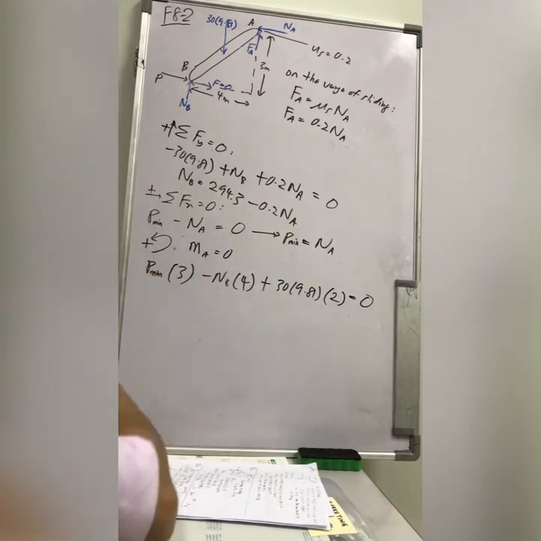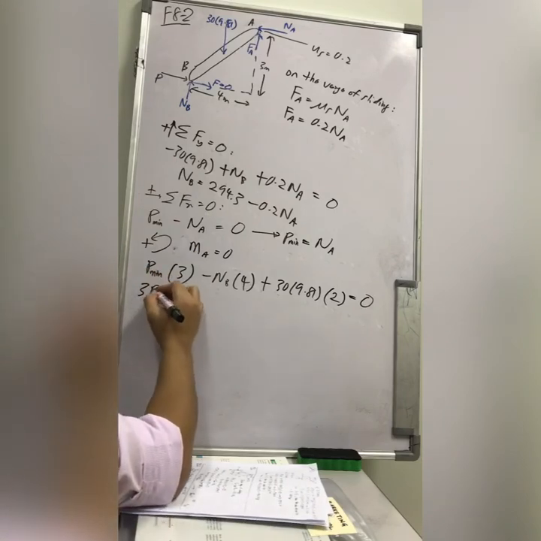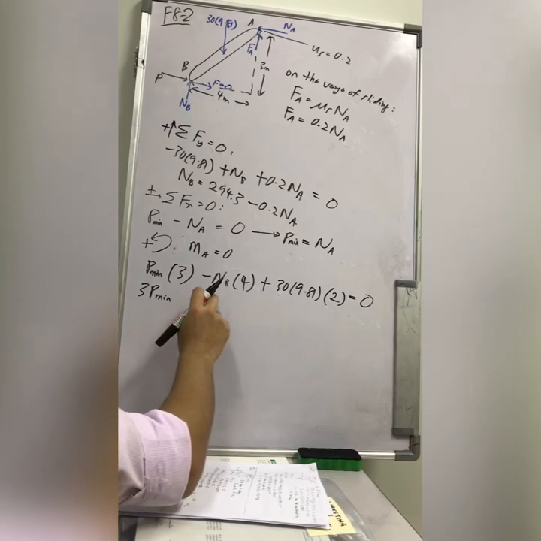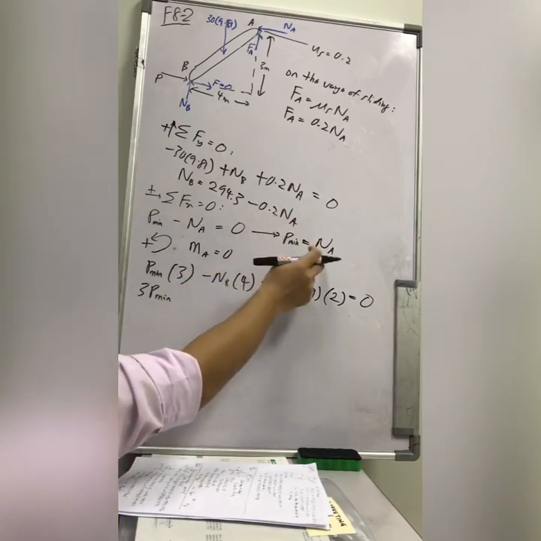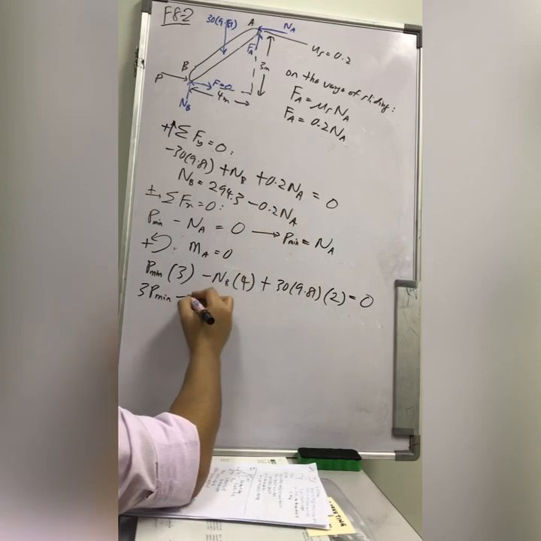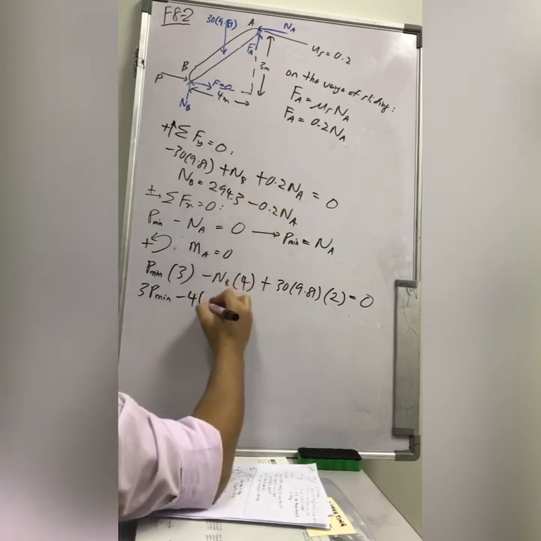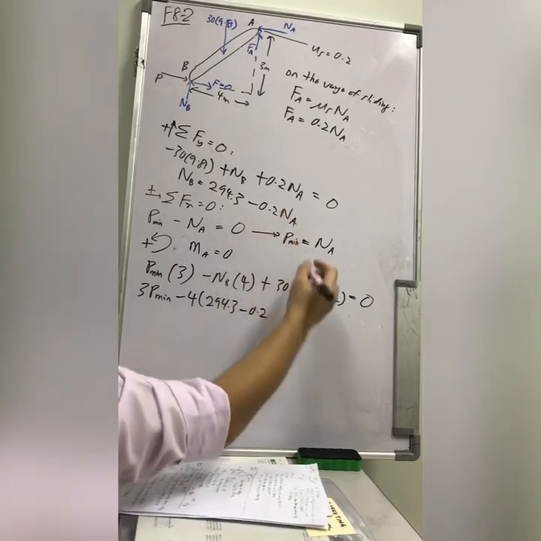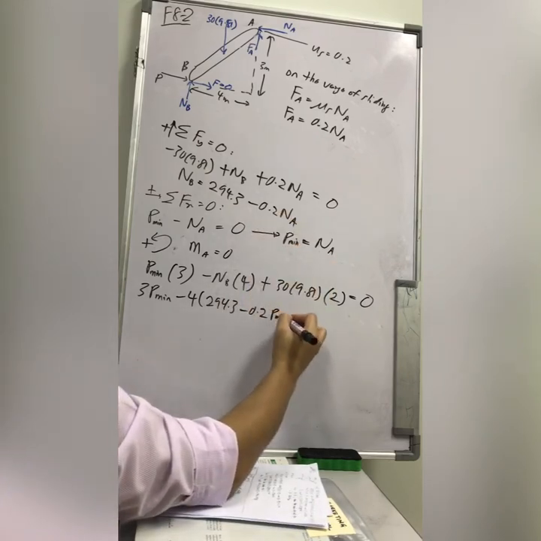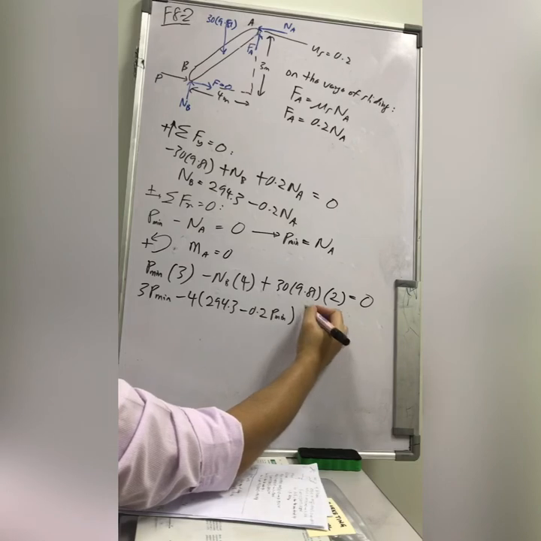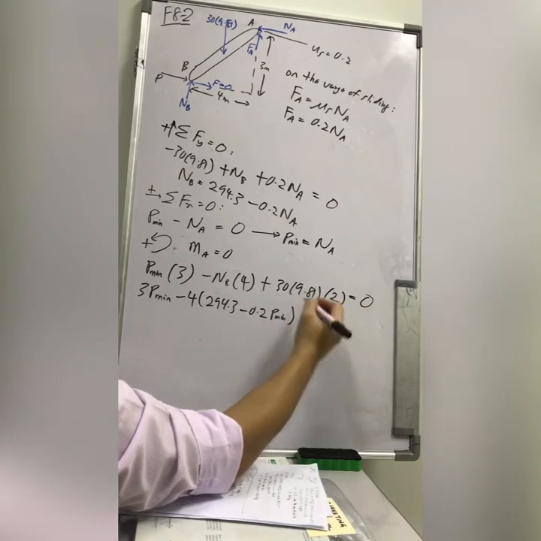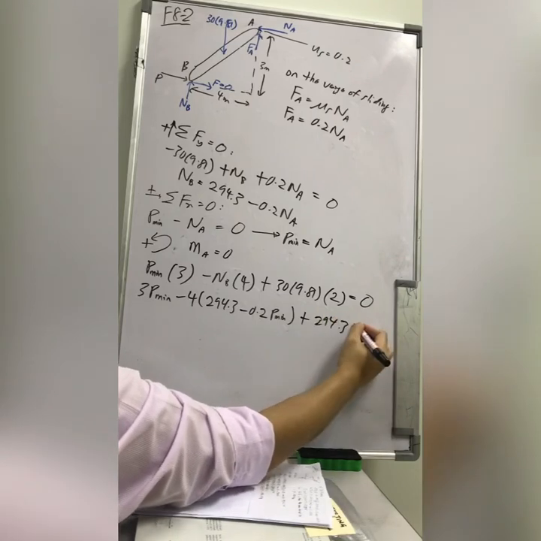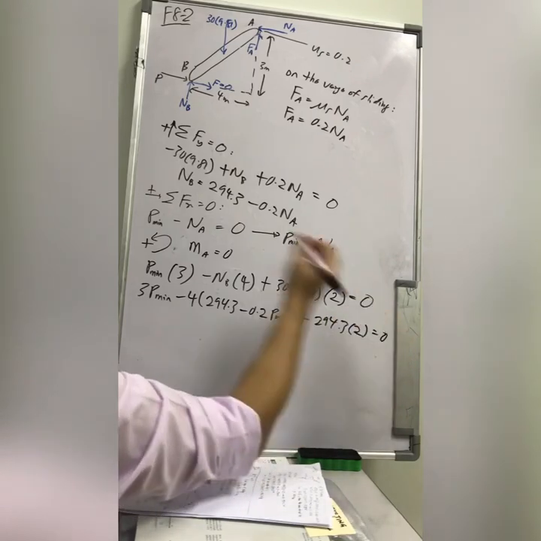And then from here you can do your maths: P min times 3, minus 4 NB, which is 294.3 minus 0.2 NA, which is P min, plus 294.3 times 2 equals 0.